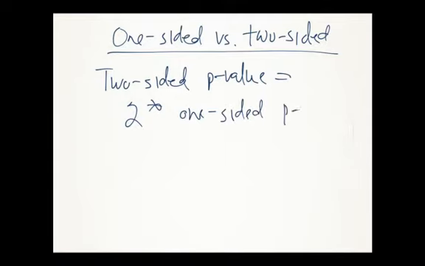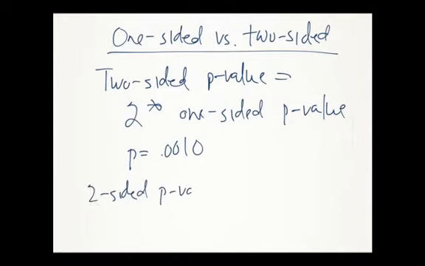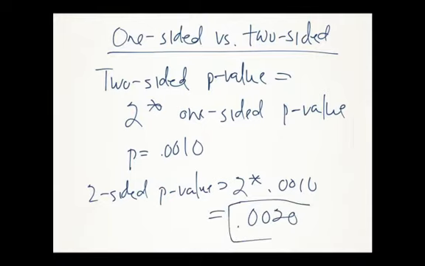Before, our one-sided p-value was something like 0.0010, very close to that. So the two-sided p-value would be 2 times 0.0010, or 0.0020. That would be our two-sided p-value.